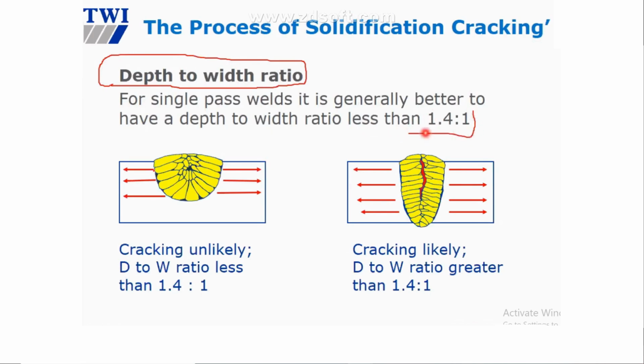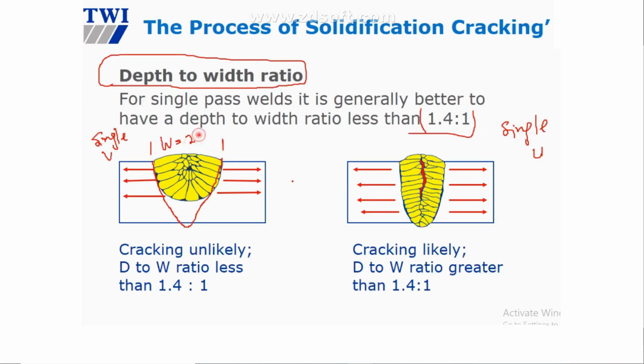For example, if we have a single V, and on this side we have a single U. Let's say the width, measured from here to here, equals 20.